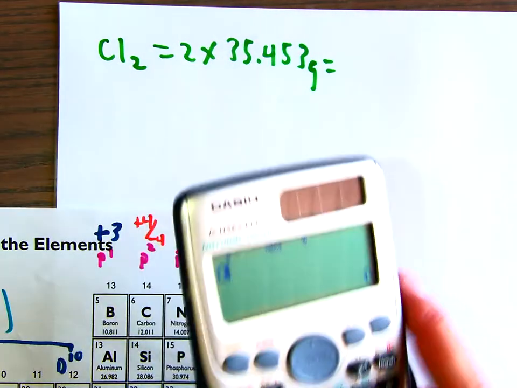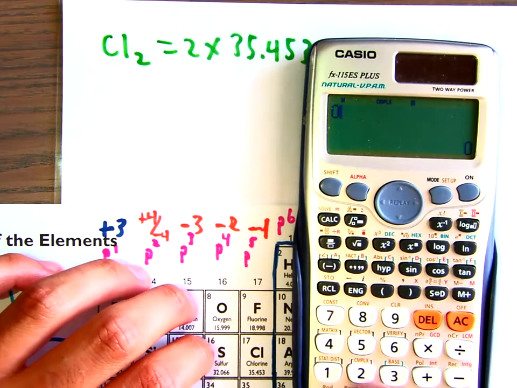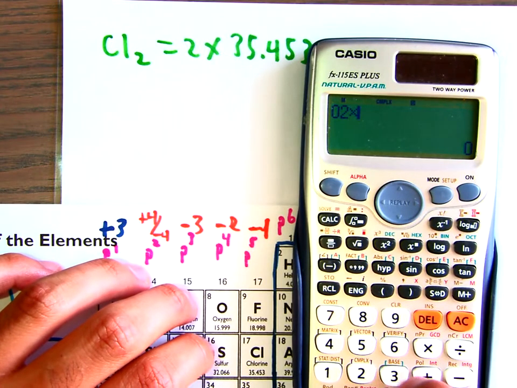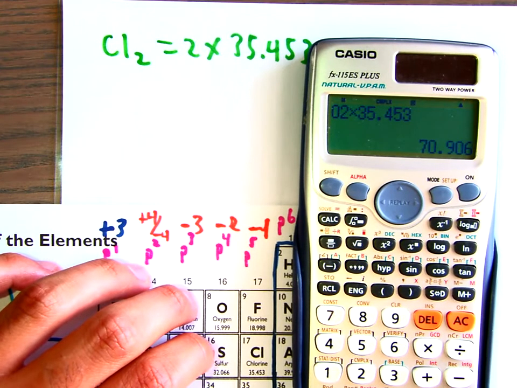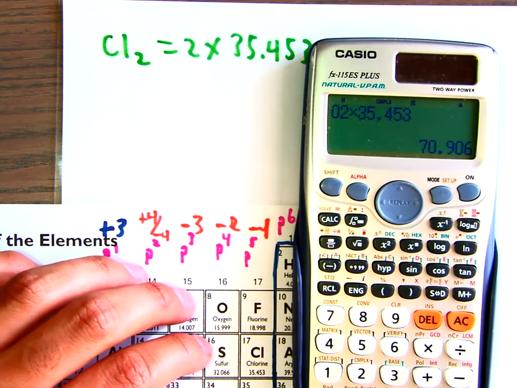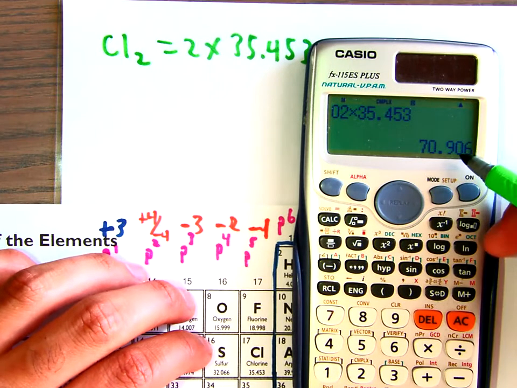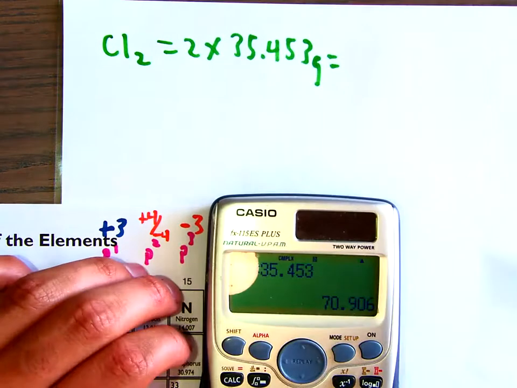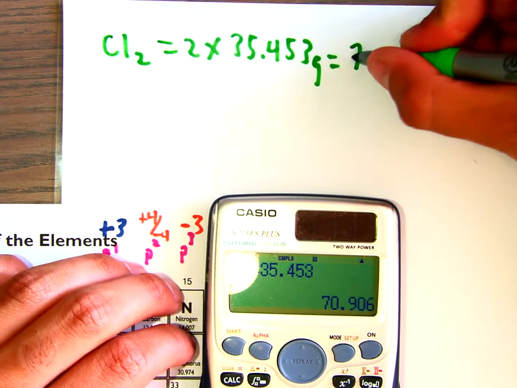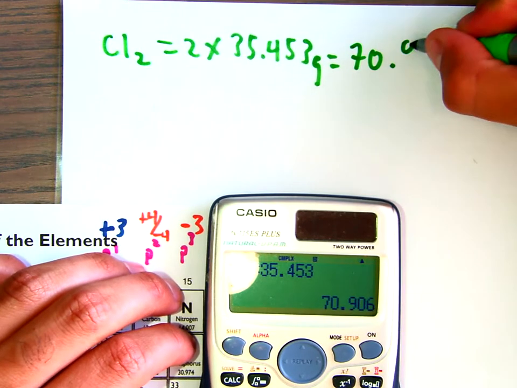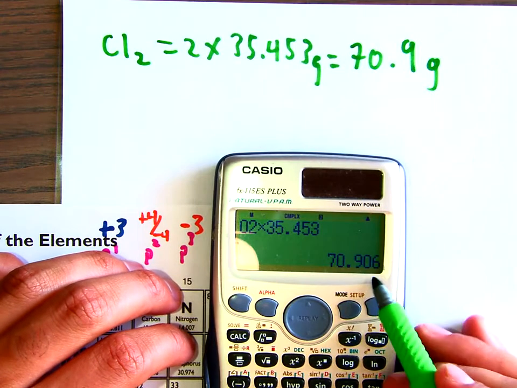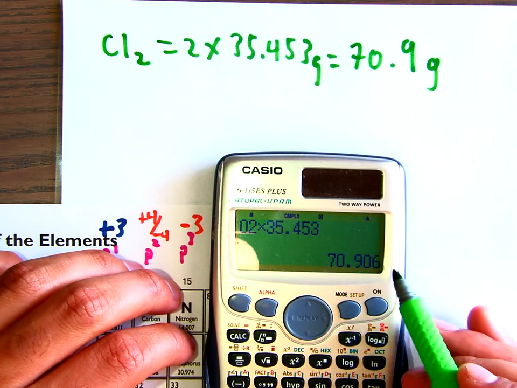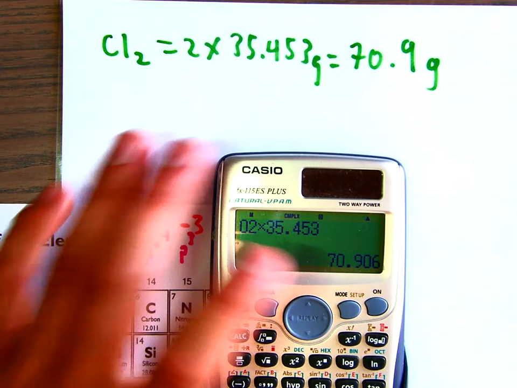So in this example, 2 times 35.453 would give me 70.906. I'm going to round. For all these problems, I just want you to round to the first decimal. So my mass is 70.9 grams. Okay, this was a 0, so that's why I kept it here. If this was greater than 5, then we would round up to 71.